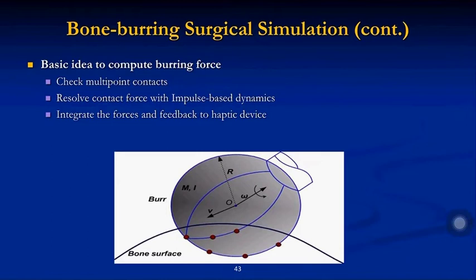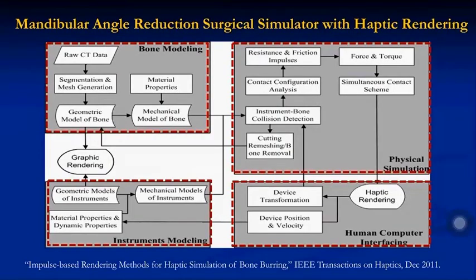We need to resolve the contact force with impulse-based dynamics, and then we can integrate the force and feed it back to the haptic device. This is the framework for these simulators. It includes the bone modeling, instrument modeling, the physical simulation, as well as the human-computer interaction.